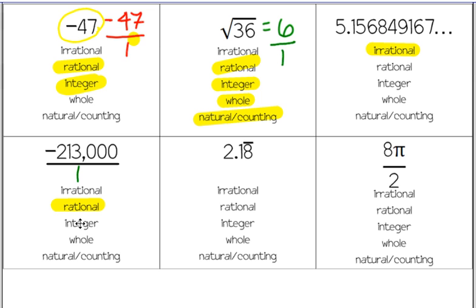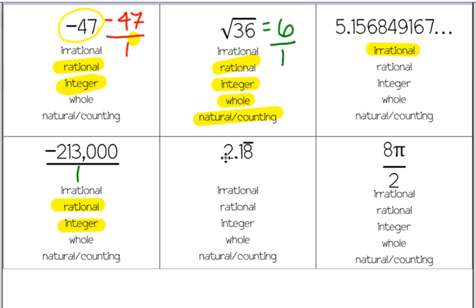Well, integers are whole numbers and their opposites, so that includes those negative values. This is not a decimal, nor is it a fraction when it's simplified, so this one would also be an integer. And then we would need to see if it's a whole number. Well, remembering that whole numbers do not include negative values, so it cannot be a whole number, and therefore cannot be a natural number either.